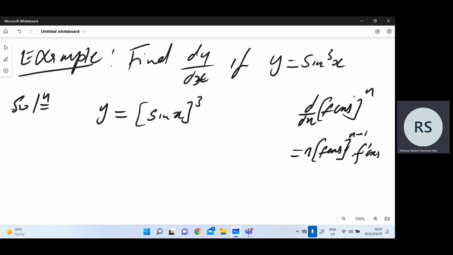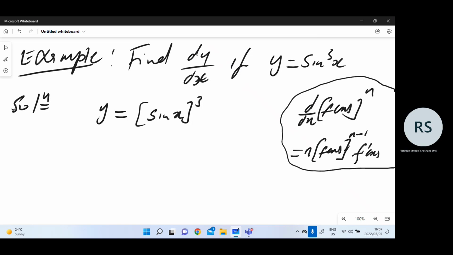When you derive a function to the power of n, it's n down, function to the power of n minus 1 times the derivative of what is inside. I always rewrite this formula so you can see it.